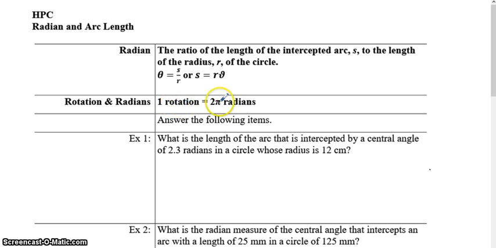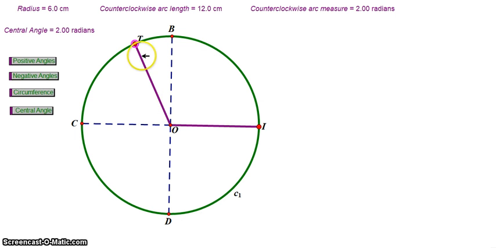Now, we know that one rotation, one time around the circle, turns out to be 2 pi radians. 2 pi, 3.14 times 2.